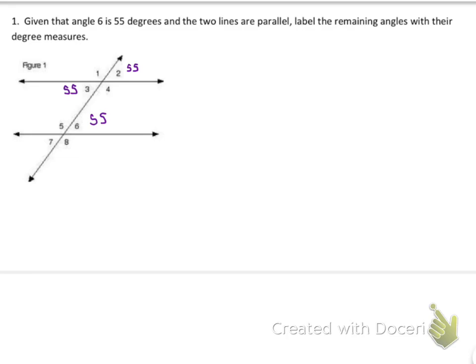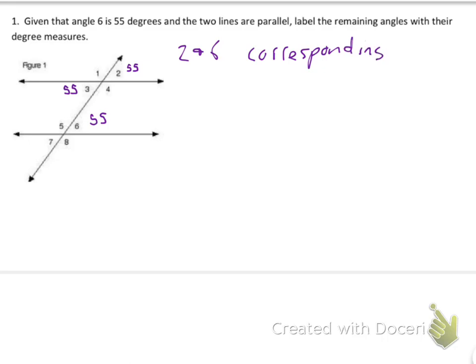Oh, yeah. If I only knew angle 6, I know angle 2 is 55. Actually, we talked about it, not recorded. Didn't put it on our notes. But 2 and 6 are what we call corresponding angles.